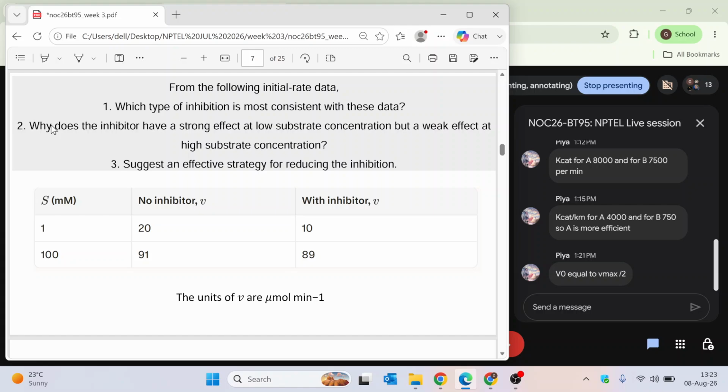There is rate data from a reaction. Based on this, can you identify which type of inhibition is most consistent with this data? We know different types of inhibition, we have seen them. So seeing the data, can you identify which type of inhibition? And why does the inhibitor have a strong effect at low substrate concentration but a weak effect at high substrate concentration?